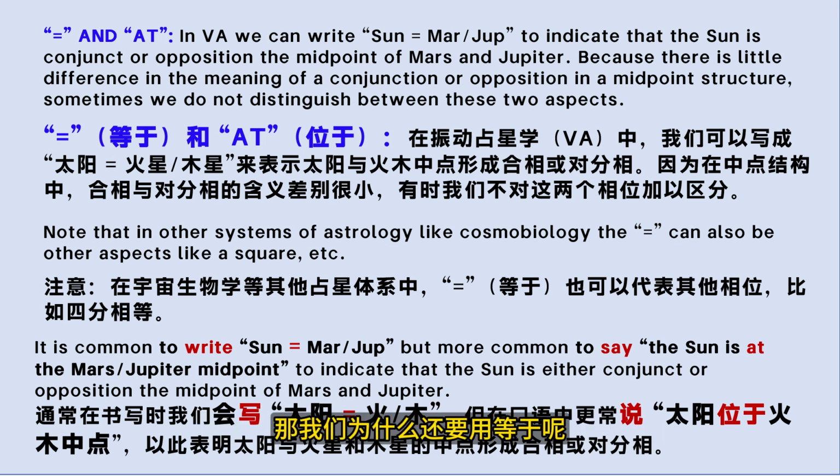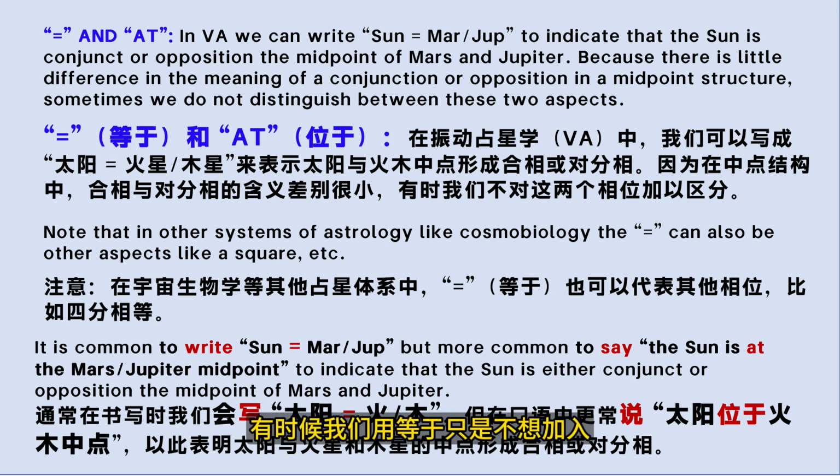And why do we use equals? Because there's very little difference in the meaning of a conjunction or opposition. Most of the meaning is in the planets and what vibration we're in, so sometimes we don't bother with it. Sometimes we don't even remember. You might remember that somebody has a certain midpoint structure in their chart, but not whether it was a conjunction or opposition, because it's relatively unimportant.